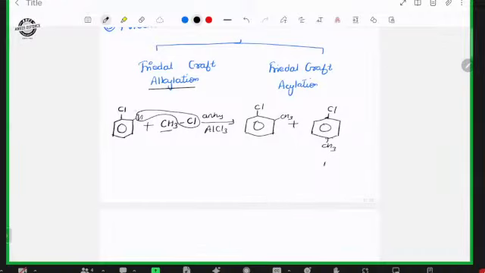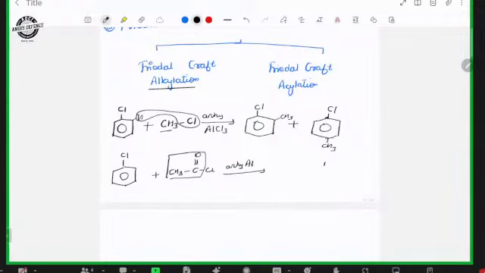So this is Friedel-Crafts alkylation. Next is Friedel-Crafts acylation. In acylation, we are going to add an acyl group, that is CH3 C double bond OCl. So this is the acyl group. Again, the reagent is anhydrous AlCl3.